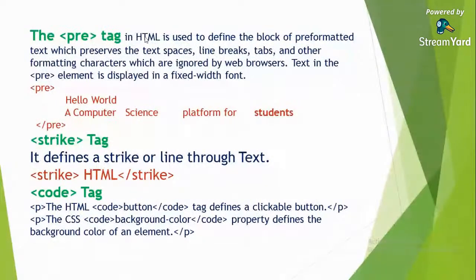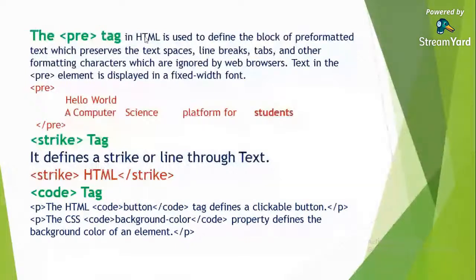But if we write any content under the pre tag, then our formatting will be kept and it will not be ignored by the web browser. That means the web browser will simply display the content as we have written. It will use our own format that we have written in the text editor or HTML editor.